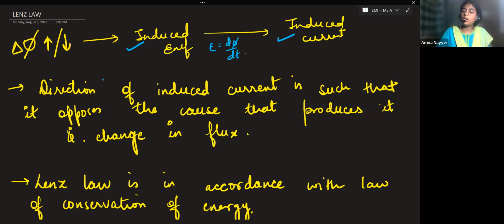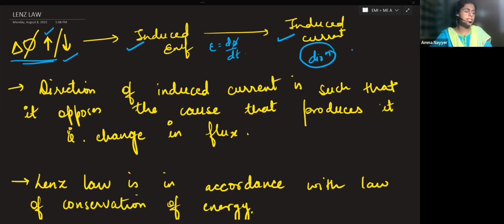Now, the direction of this induced current is such that it opposes the cause that produces it. So you can say it directly opposes the magnetic flux. If magnetic flux is increased, induced current will try to orient itself in such a manner that it will decrease the magnetic flux. If the magnetic flux is decreasing, then induced current will arrange itself so that the flux increases.